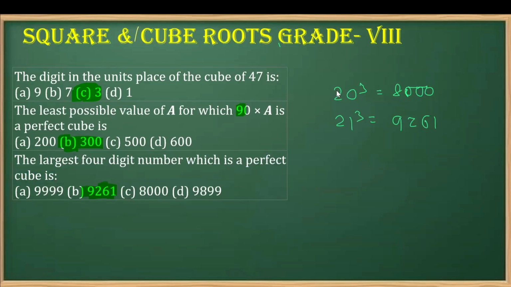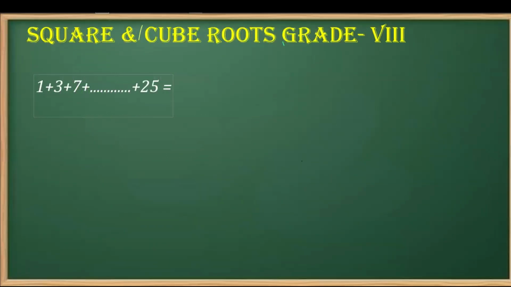Here we use the division method to find the perfect cube on adding or subtracting. So in this question, we have to find the sum of this. But over here, we are not going to find the sum by actually adding them. In fact, we are going to apply a rule: we just need to count how many odd numbers there are starting with 1.